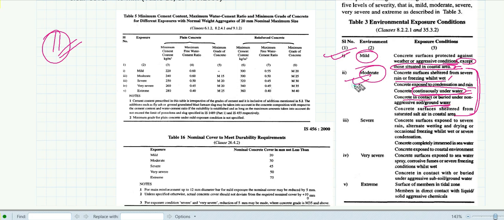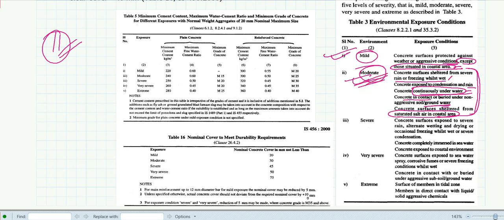So here you can say it's a moderate kind of exposure condition. Or the saturated salt air in coastal areas, meaning the building is not very near the sea, and the only effect you can encounter is the saturated air containing salt air of the coastal area, then you can consider that exposure condition to be moderate.